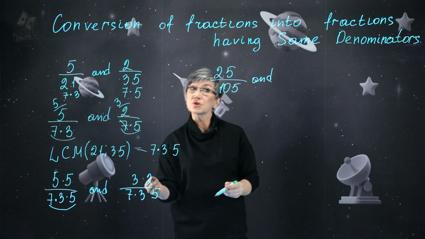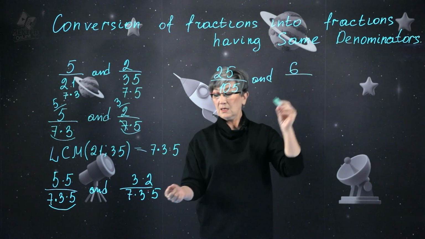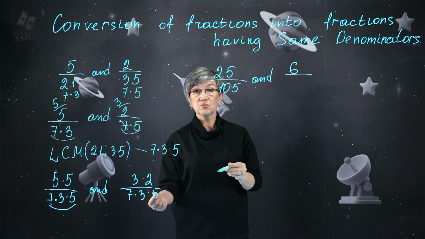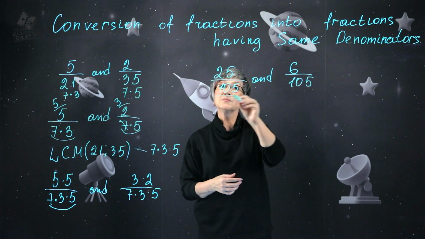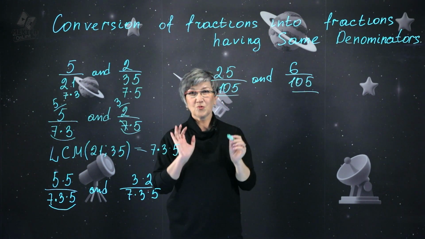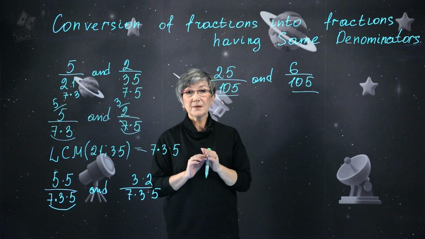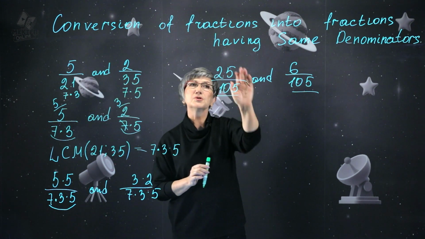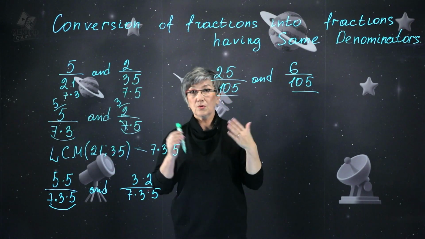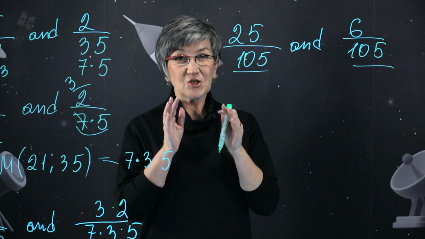In the second fraction, 2 times 3 equals 6, and the denominator is 105 as well. Please check it out, because we have one thing in common. We brought these fractions to a common denominator, and the common denominator is 105.